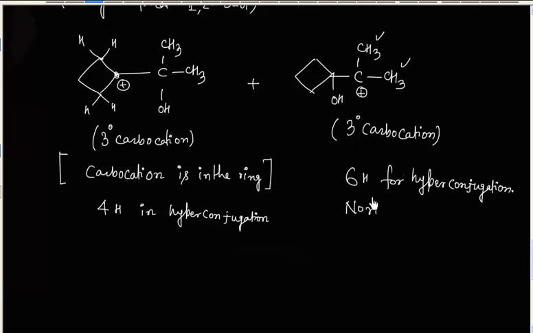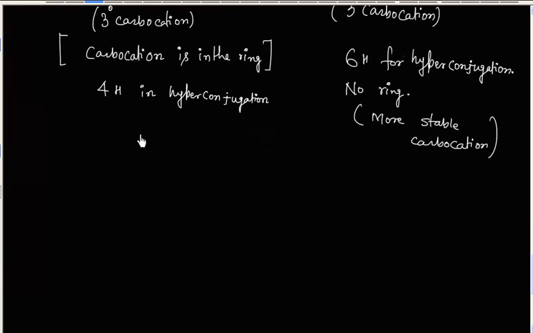So this is the more stable carbocation. So now we have this carbocation formed. Now in the next step we can do an alkyl shift, and this time the alkyl shift will generate ring expansion.